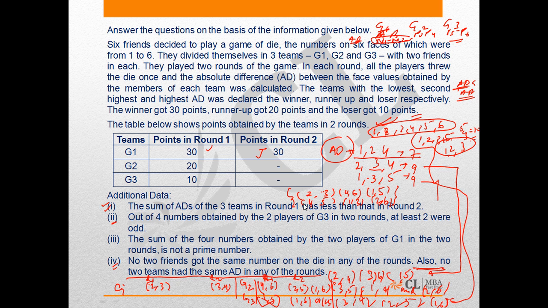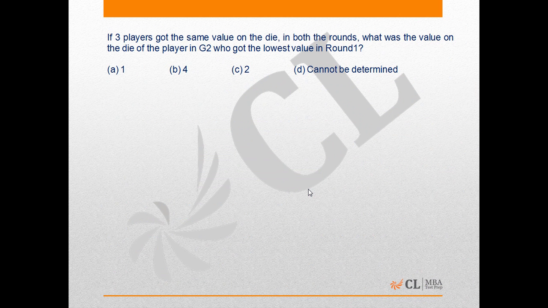Now when we take the second case of ADs of first round, that is 4 5, 1 3 and 2 6, there is only one possible case of AD in second round as per the given condition, and it is 2 4, 3 6 and 1 5. So let's write this on the next slide.